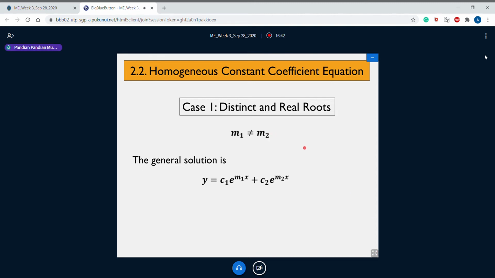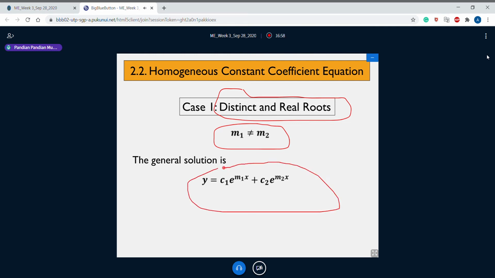For case 1, how do we write the general solution? We already mentioned case 1, distinct and real roots, because the two roots m1, m2 are not the same. So the general solution will be like this: y equals C1 e to the power m1x plus C2 e to the power m2x. This is called the general solution.